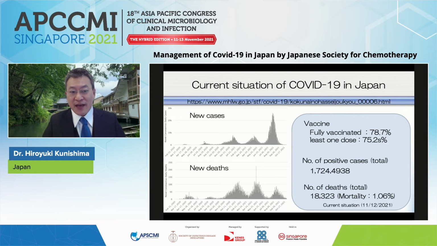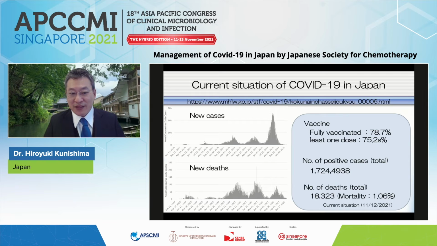Now about 80% of the population have been vaccinated at least once. At this moment, in November this year, the 5th wave looks almost over in Japan. In addition, the 3rd dose of the vaccine is scheduled to start early next year.